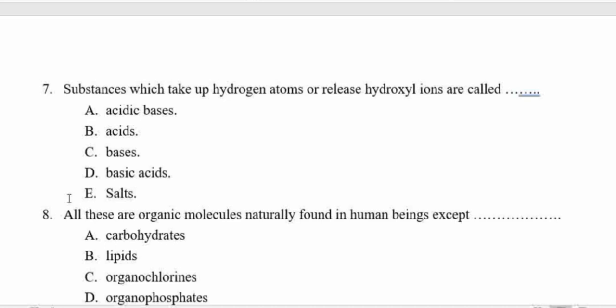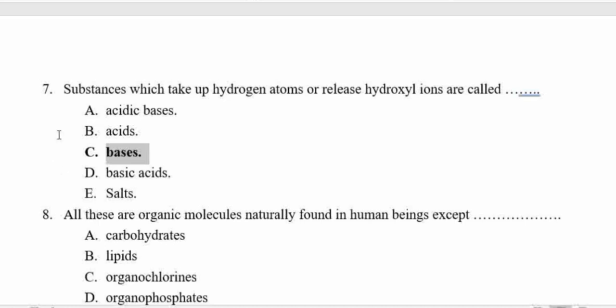Again, we know that bases are able to take up hydrogen atoms because they accept hydrogen, and then they release hydrogen ions. So our best option here should be C. Substances which take up hydrogen atoms or release hydrogen ions are called bases.